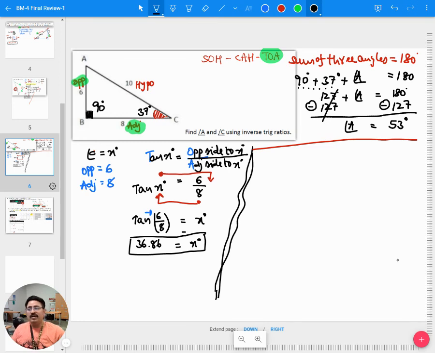This is one method. The other method is, let me clear off a few things here. Okay. Now you don't know the value of angle A, right? Then let me consider this side, which is the opposite. You can take any other side of your choice, but here I'm planning to take the hypotenuse.